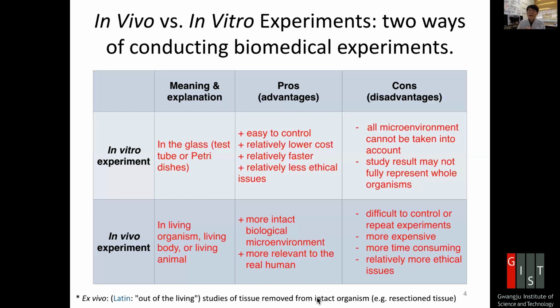For example, if people want to study the brain's electrical phenomena, instead of using in vivo, which is maybe more difficult and complicated, you can just take the brain out of the animal, make a brain slice, and do your experiment with this brain slice, which is still kind of alive. However, it's taken out of the original animal body. So that kind of experiment we call an ex vivo experiment.